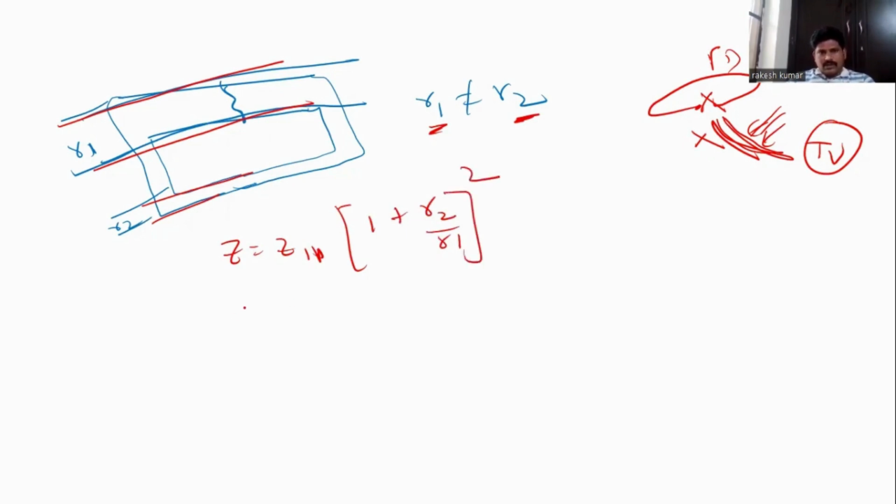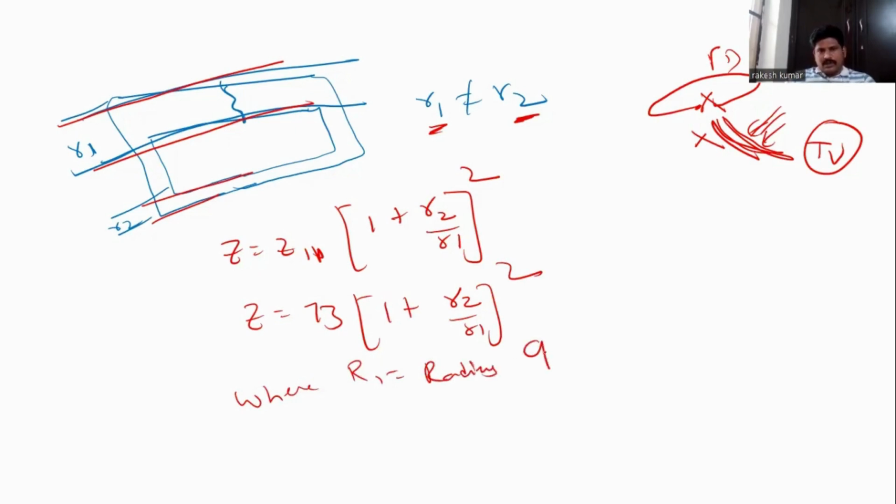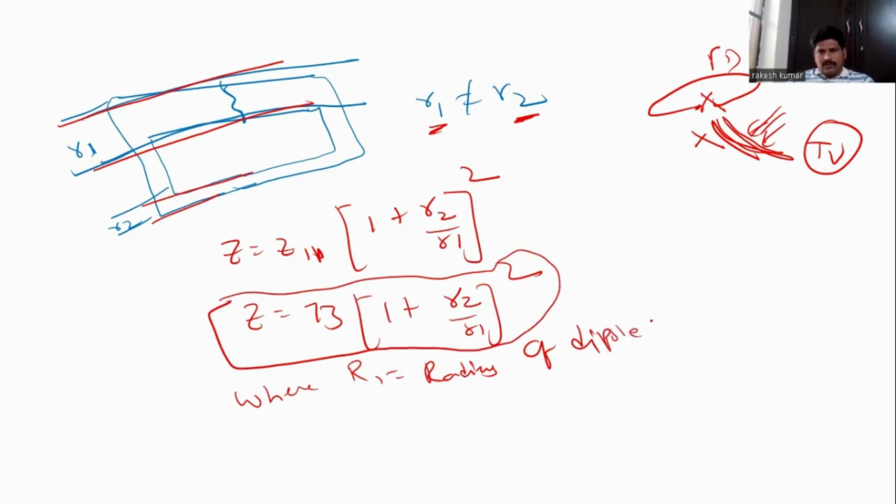So Z is equal to 73 into (1 plus R2 by R1) whole square, where R1 is the radius of dipole 1 and R2 is the radius of dipole 2. This is a very important formula when the radii are not the same.